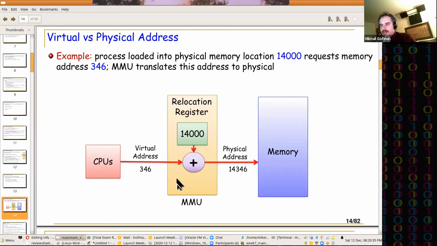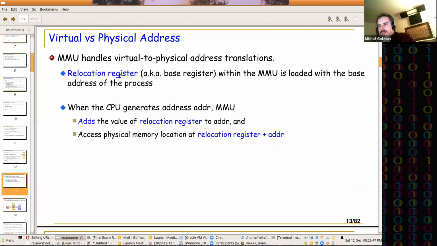And this is how the translation is actually performed. So you have a process that executes on the CPU. And when the process executes on the CPU, the relocation register inside the MMU, the register in the MMU that stores the base physical address of the currently executing process.